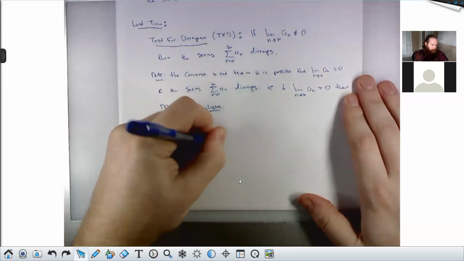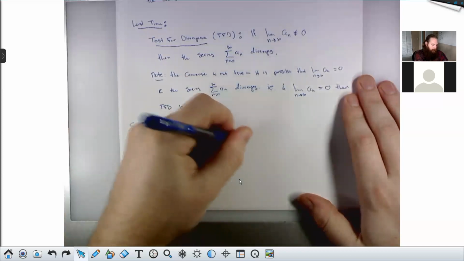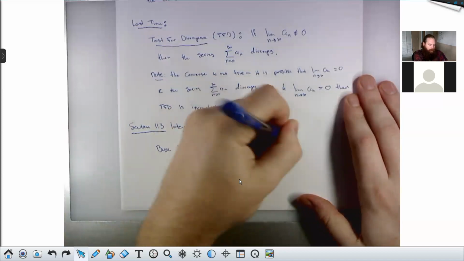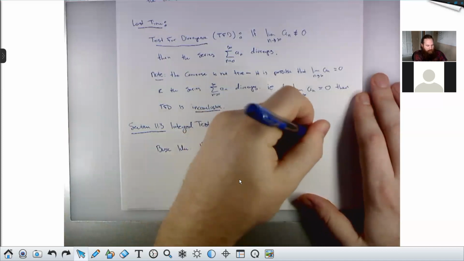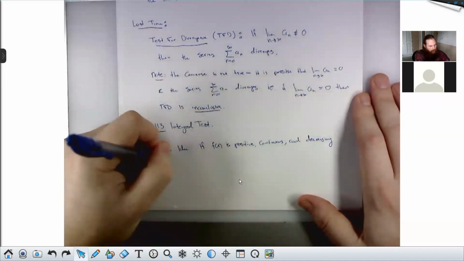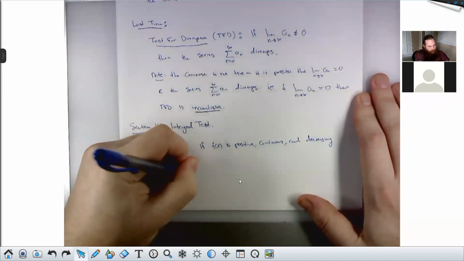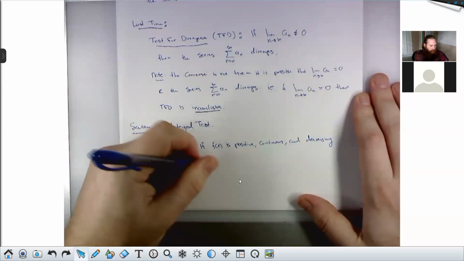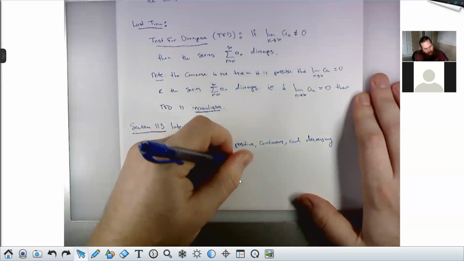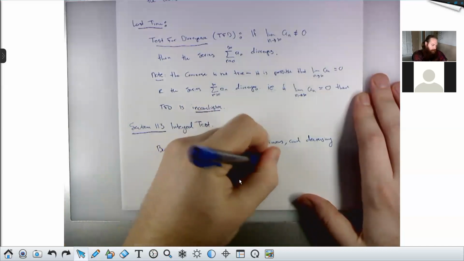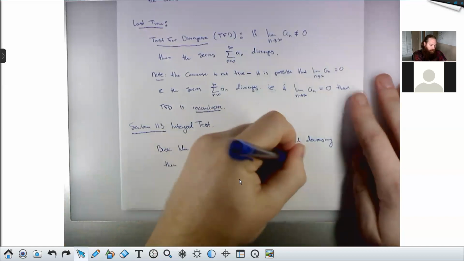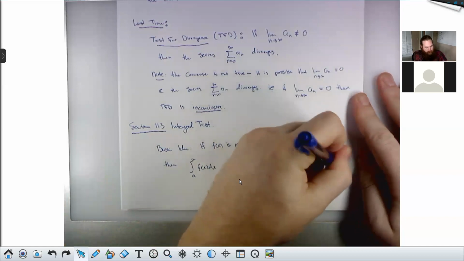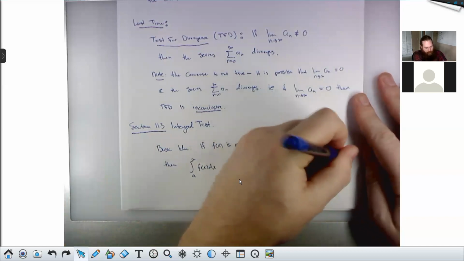So here's the basic idea. If f of x is positive, continuous, and decreasing, then the integral from wherever, say a, to infinity of f of x dx converges or diverges together with the infinite series sigma n from a to infinity f of n.